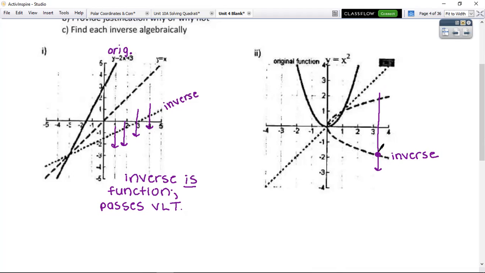So all you're going to say is in this case, inverse is not a function. It fails the vertical line test.